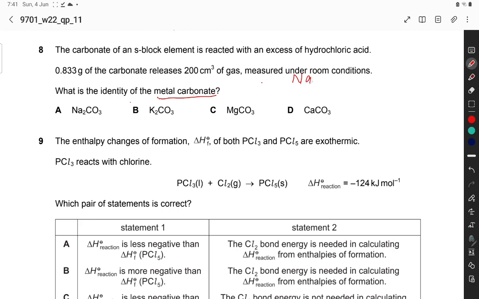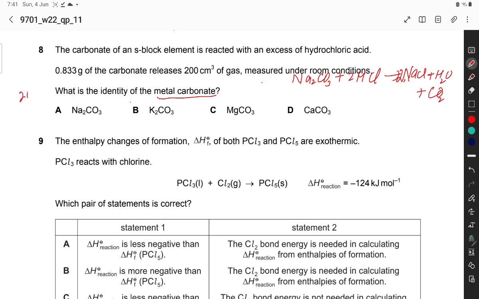Sodium carbonate plus 2HCl to form NaCl plus water plus CO2. So Na2CO3 is 0. Carbon dioxide is 200 centimeter cube.